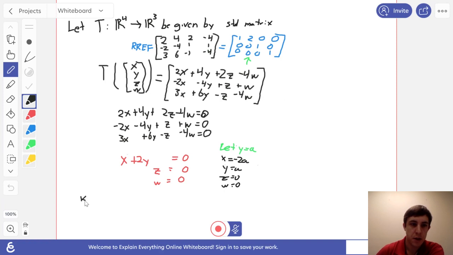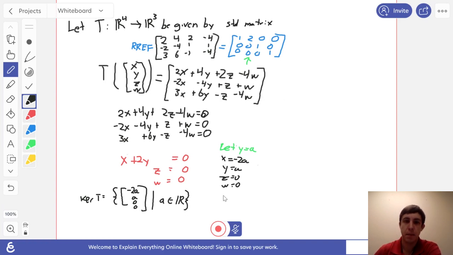So our solution set, the kernel, is going to be all of the vectors of the form negative 2a, a, 0, 0, such that a is any real number. Now to find a basis for the kernel, just like when we're working with the solution set of a homogeneous system, we simply need to note that we could factor out that free variable here.